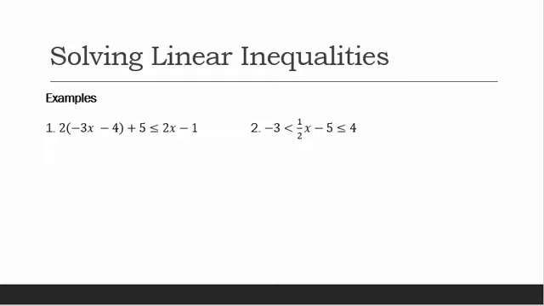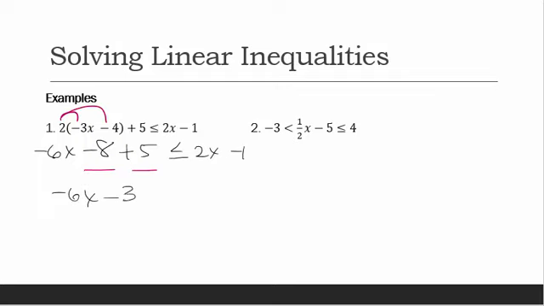So I would distribute, and we get negative 6x minus 8 plus 5 is less than or equal to 2x minus 1. Then I would combine like terms. So that gives us negative 6x minus 3 is less than or equal to 2x minus 1.